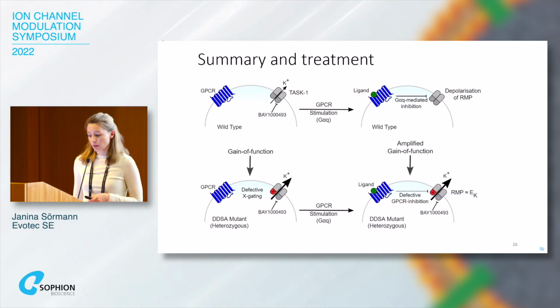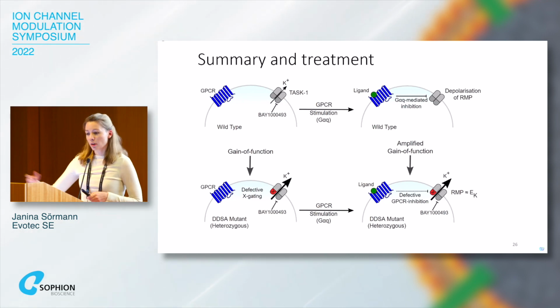And this difference becomes even more pronounced when we look at GPCR inhibition, because here the currents are even much bigger. And with a constant outflow of potassium ions, the cell can't depolarize anymore.